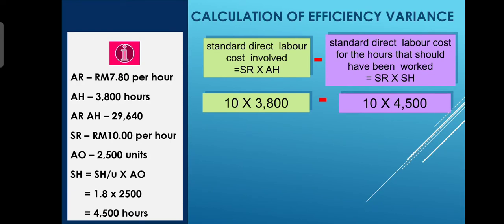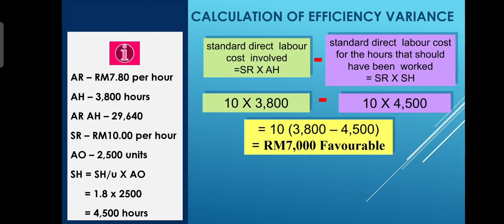So what is your answer? Is it favorable? Is it unfavorable? Here is the answer. Yes, favorable of RM7,000. Why? Because AH is less than SH.